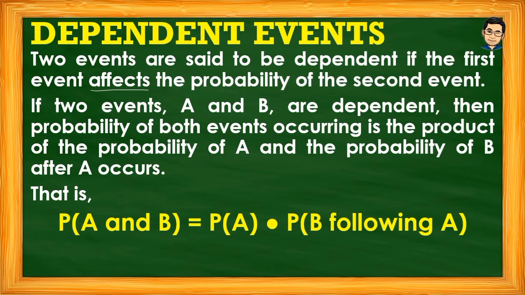And then, halimbawa, bumunot ka na naman ng isa, magiging 13 na lang. As long as yung mga objects o yung mga bagay na binunot natin, hindi na natin isinoli, itinabi na natin. Like for example, kung pagkain, bumunot tayo ng candy, kinain na natin. 'Di ba? Kapag kinain na natin yun, hindi na natin yun isusoli sa lagayan kasi kinain na natin. Okay, so kaya makaka-affect yun dun sa probability. Unlike kung independent.